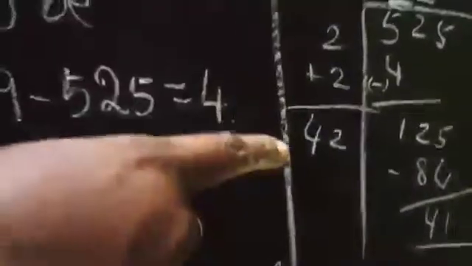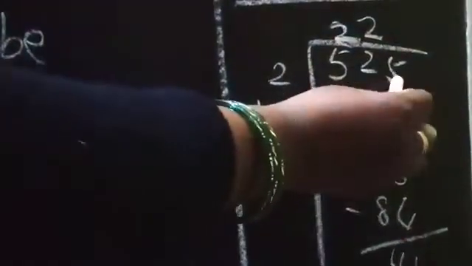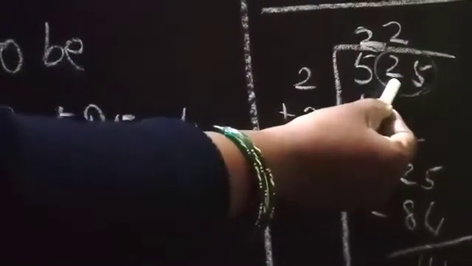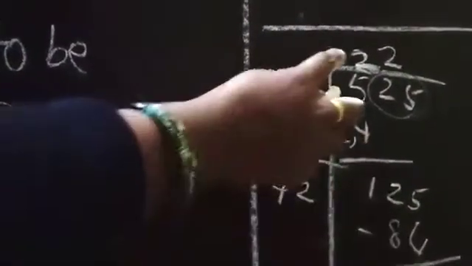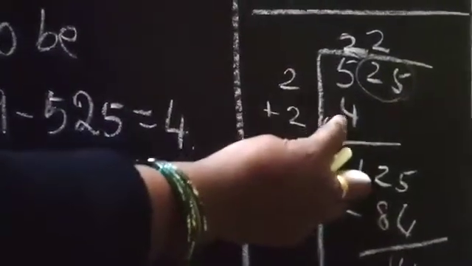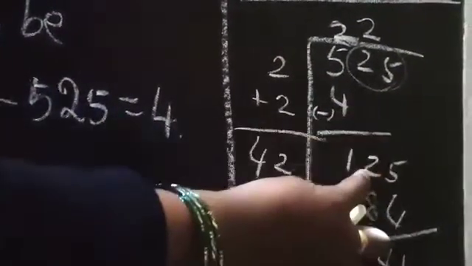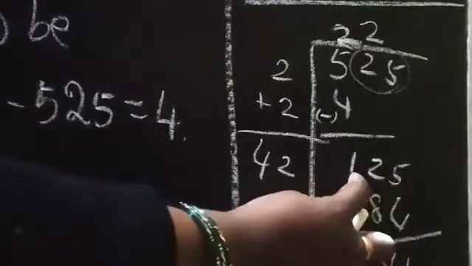First question is 525, they given. So 525, we can group: the unit and tens place is one group and the hundreds place is one. So 2 twos are 4. 5 minus 4 is 1. Again 25 we have to get down. So 125.